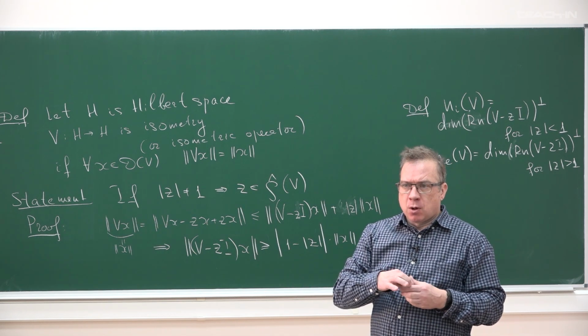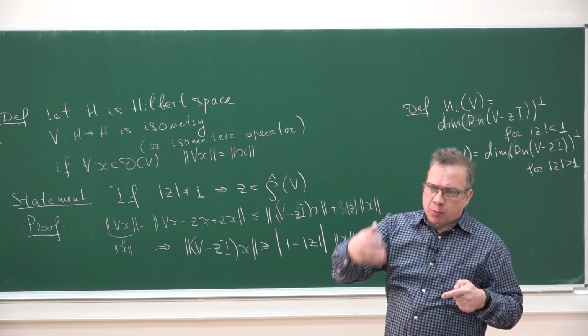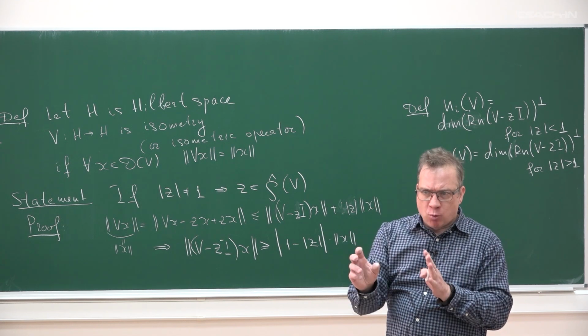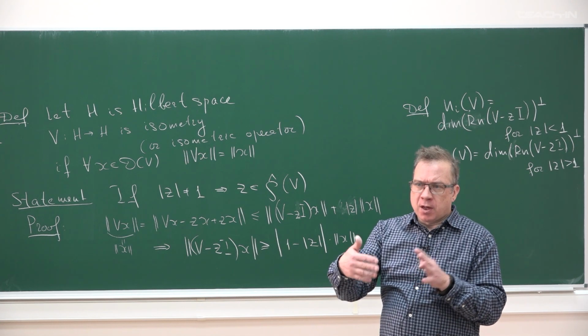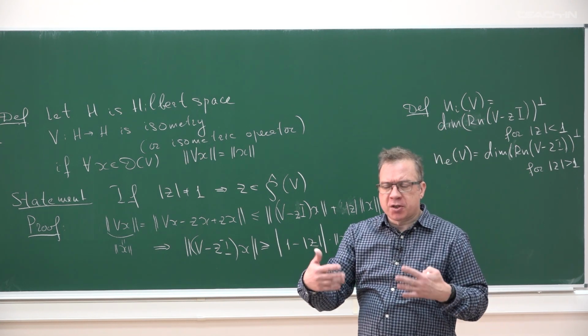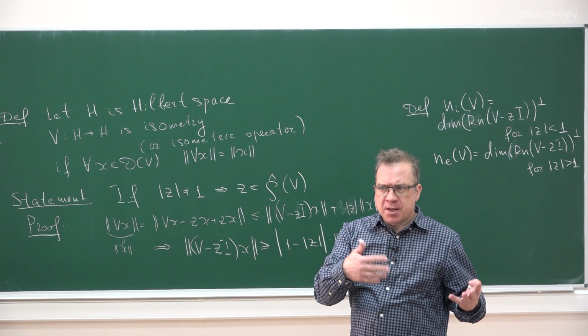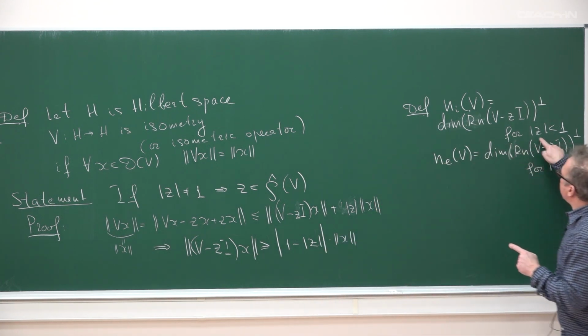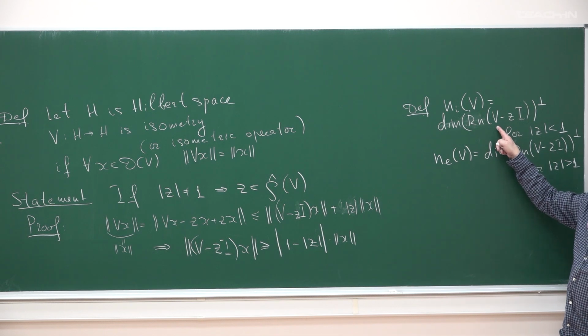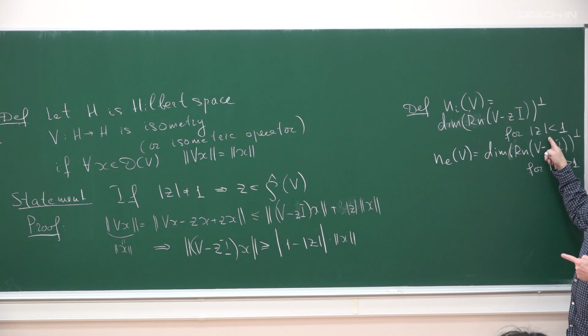If we have one operator and we perturb it by a smaller operator, which is strongly subordinated, then the deficiency indices are the same for operator A and operator A plus B. So, for example, here the norm of this operator is 1. It is an isometry. And here |z| is less than 1.